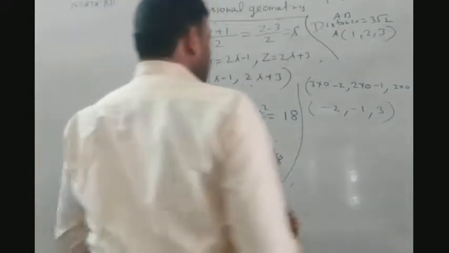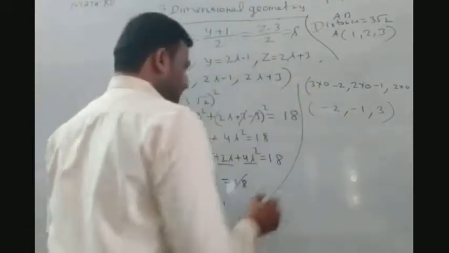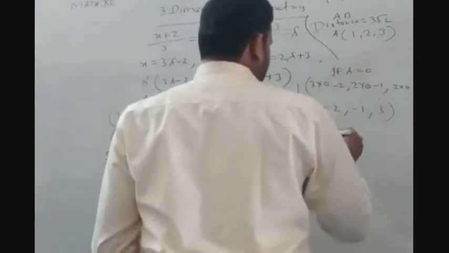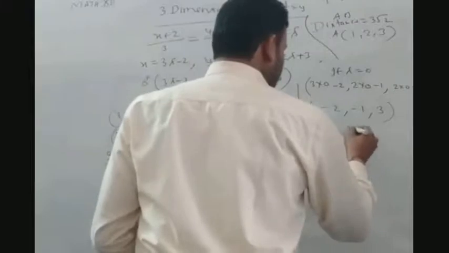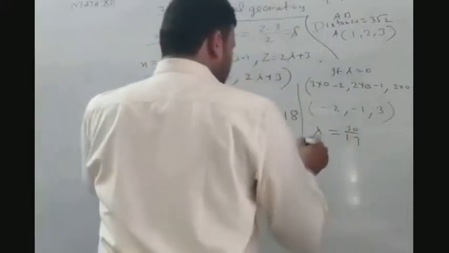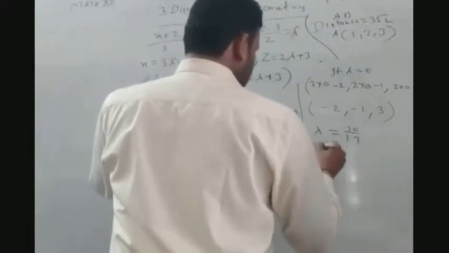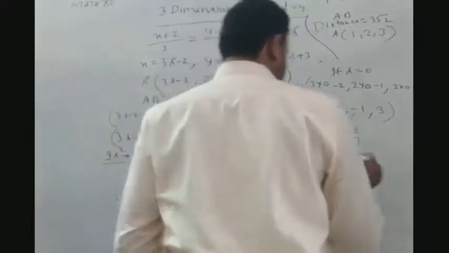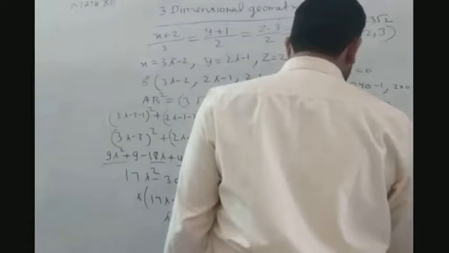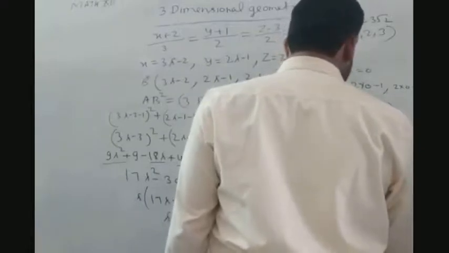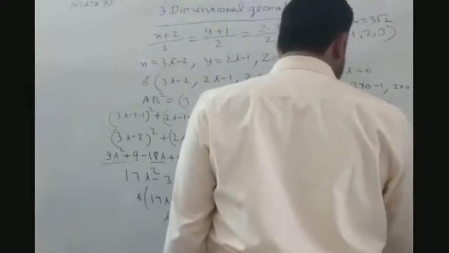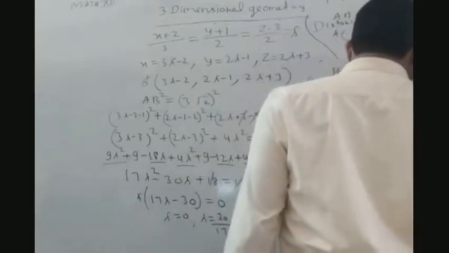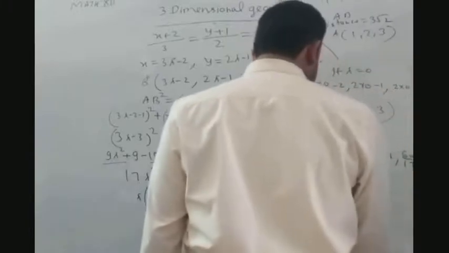Now the second: if lambda is 30 by 17, then we get 3 into 30 by 17 minus 2, comma 2 into 30 by 17, that is 60 by 17, minus 1, comma 60 by 17 plus 3.